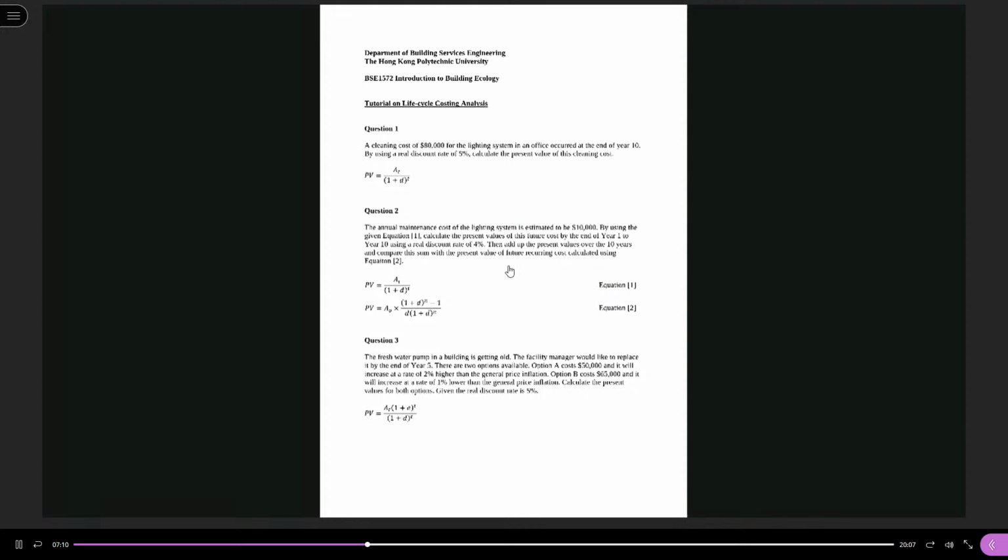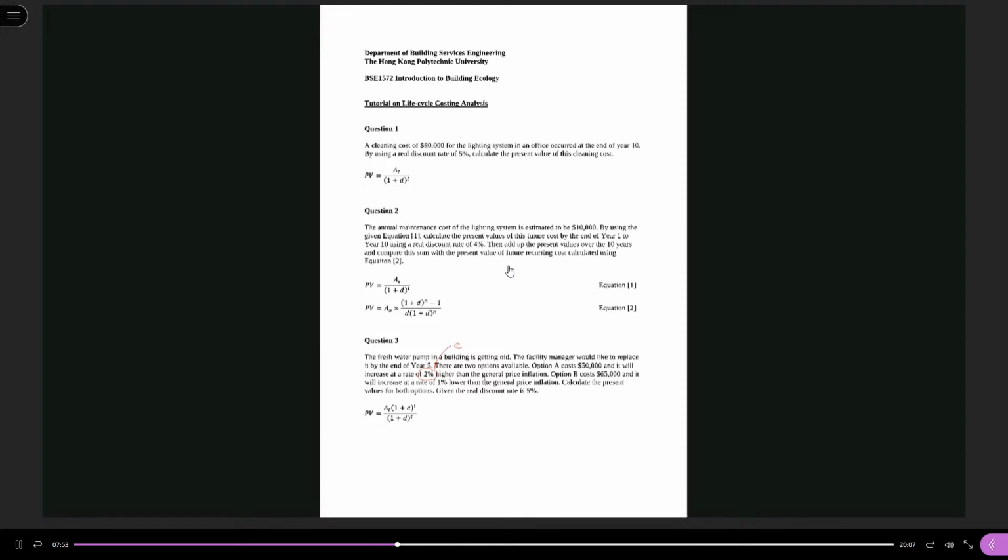Okay, question 3. The fresh water pump in a building is getting old. The facility manager would like to replace it by the end of year 5. There are 2 options available. Option A costs $50,000 and it will increase at a rate of 2% higher than the general price inflation. So this 2% will be E. For option A, 50,000 with an escalation rate E higher than the general inflation.